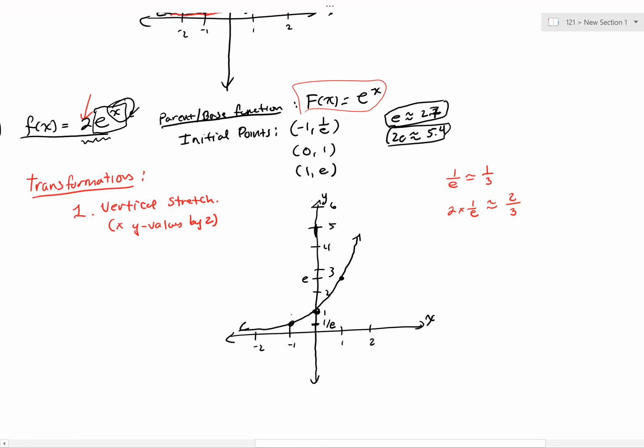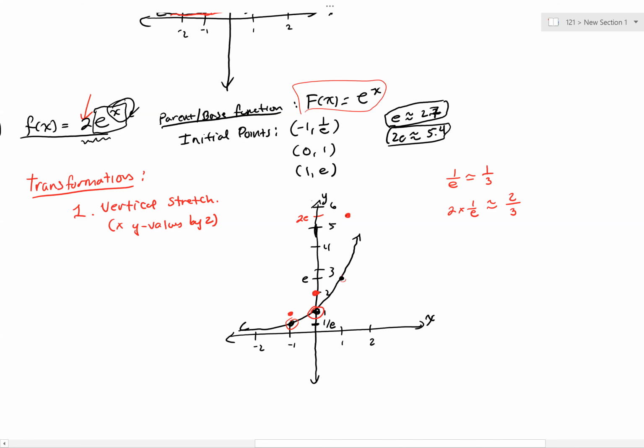So this point here at -1, 1 over E, it's going to move up to about 2/3, twice how high it was before. This point here, if I multiply its y-coordinate by 2, it's going to move up to 2. And this point here, E, if I multiply it by 2, it'll move up to about 2E. It'll move up to here.